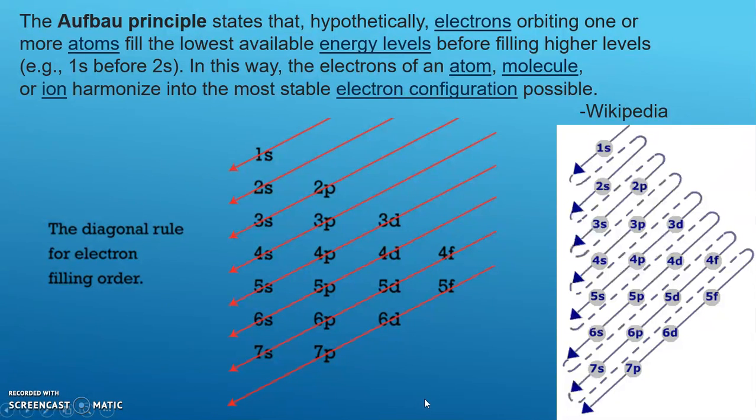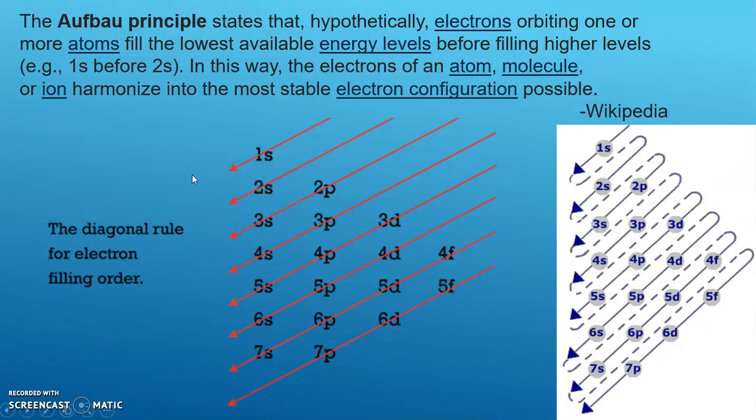The way you read this diagram is you write 1s to 7s, and then 2s to 7s, and then 3s to 6s, and 4s to 5s, and everything in the first column is an s, the second column is a p, the third column is a d, and the fourth is the letter f. And you go at a diagonal, so I start from the top right, and I read all the way down to the bottom left.